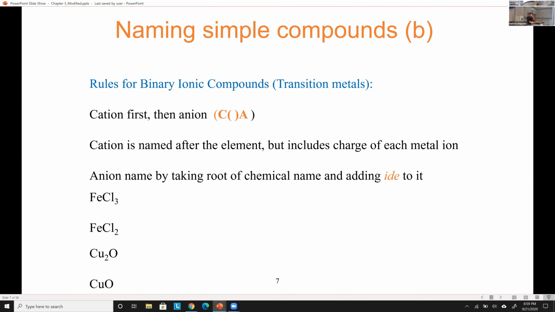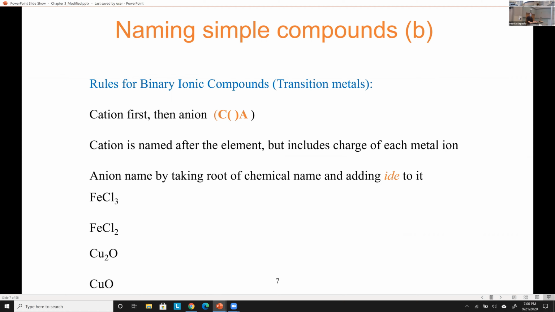Okay, so next. When you have these transition metals, the ones that you do not know their charge, this is how to write their charge. You're going to do the same thing. You're going to name the cation first, so you name the metal. Let's do the first one as an example. Fe is iron, so we're going to put iron. Then you're going to modify the name of the cation now.